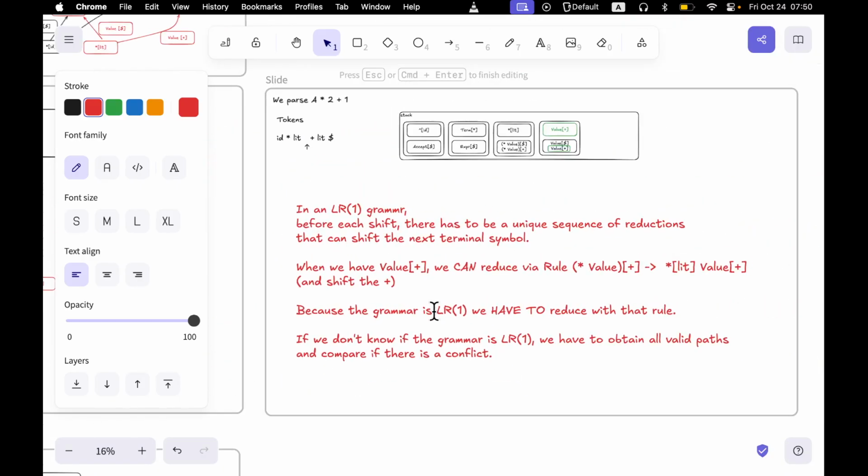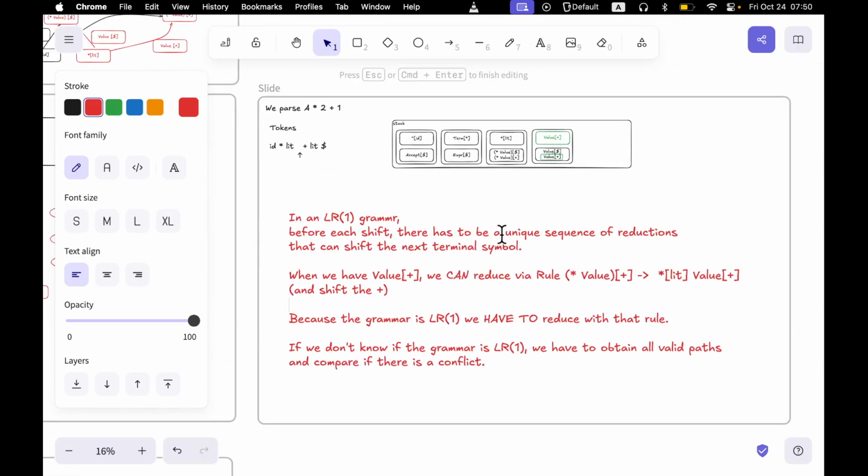Okay, so there, we can reduce using this rule, and after a series of reductions, we will be able to shift. But because the grammar is LR1, the sequence of reductions that can actually shift the next terminal symbol has to be unique. Therefore, because the grammar is LR1, we have to reduce with this rule.